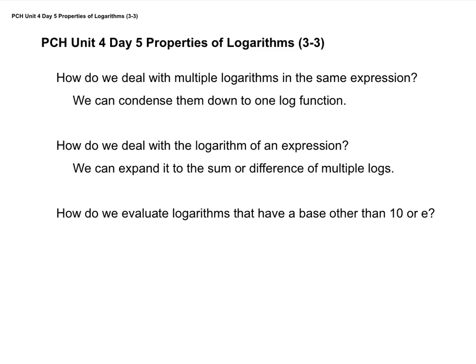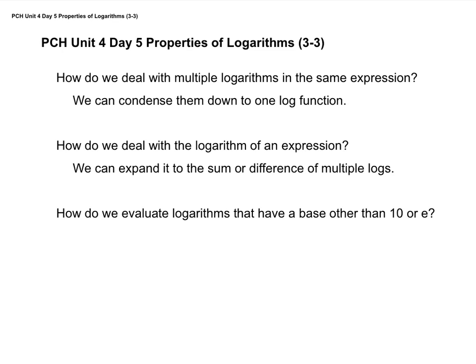And then thirdly, how do we evaluate logarithms that our calculators can't do? Okay, our calculators have built into them a log base 10, our common log, and the natural log, which is the log base e. But not all of our calculators can do logs of other bases, okay?